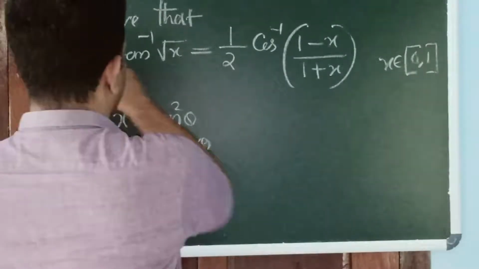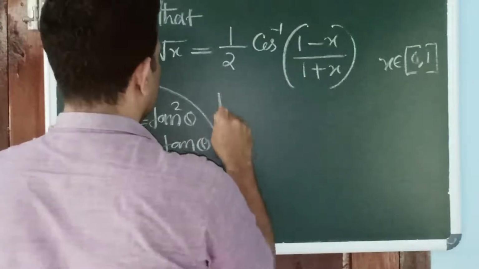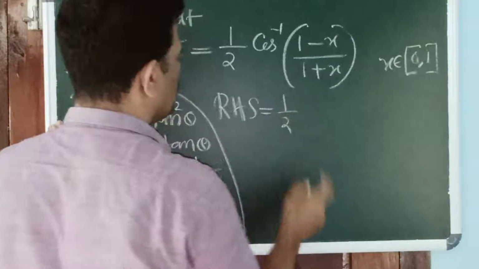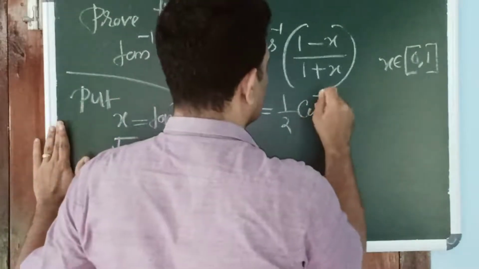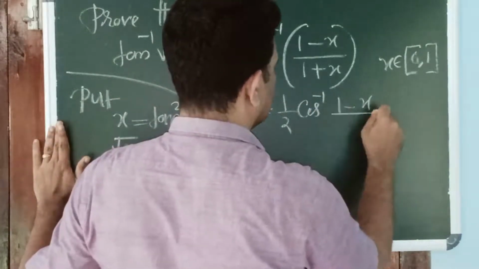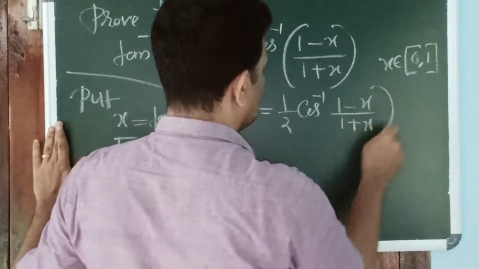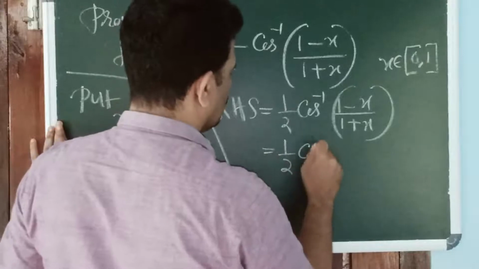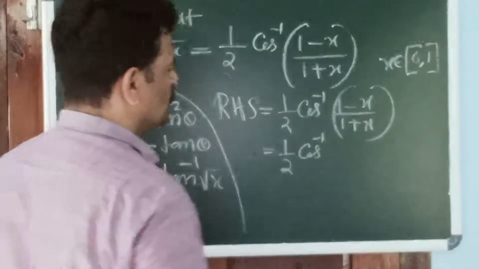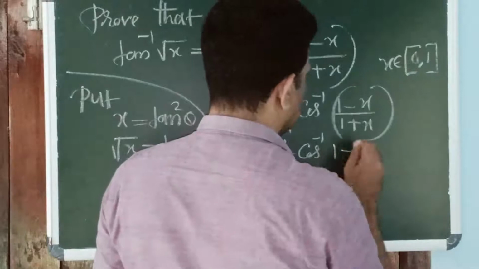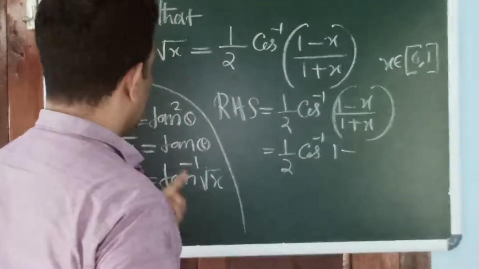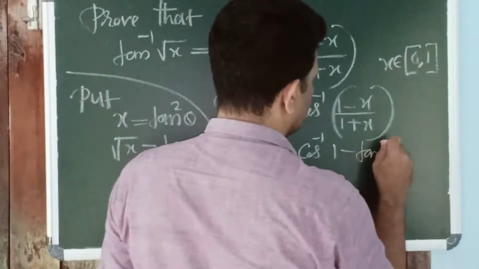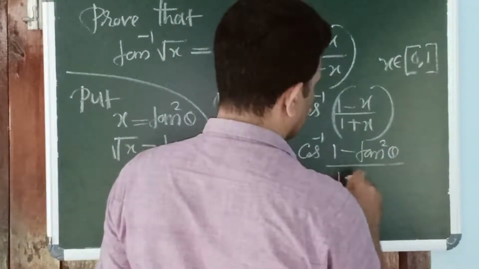Now I am taking the right hand side of the problem. That is equal to half into cos inverse of (1 minus x) by (1 plus x). That is equal to 1 by 2 into cos inverse of (1 minus tan square theta) divided by (1 plus tan square theta), since x is tan square theta.